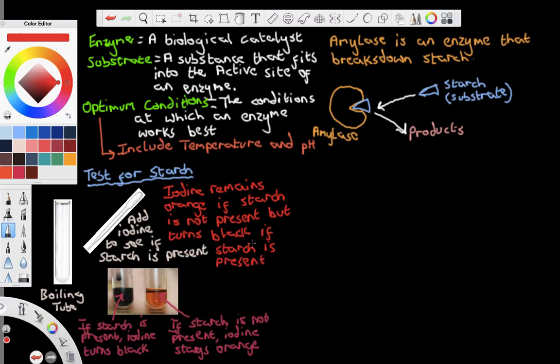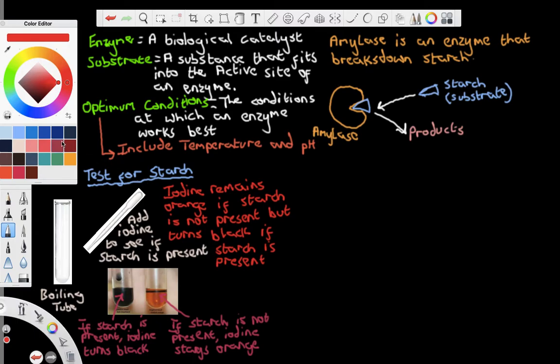Okay, so you need to know that we add iodine to starch to see if it is present or not. Now, we're going to do an experiment to find the best pH at which amylase works.